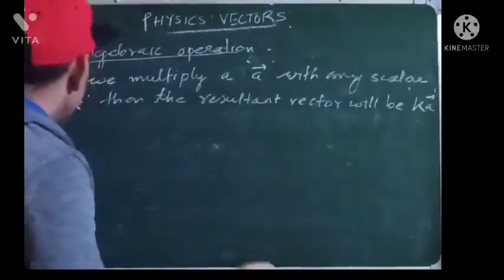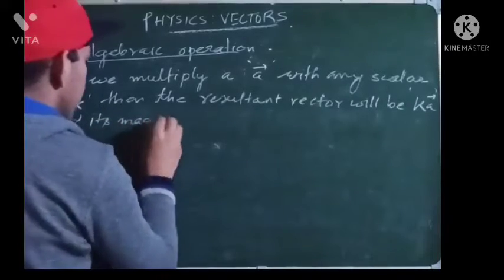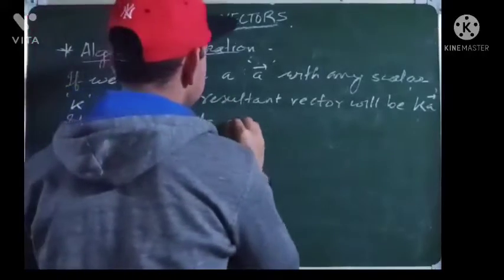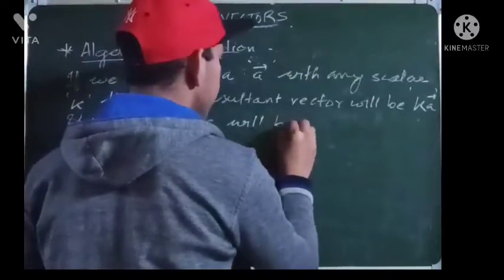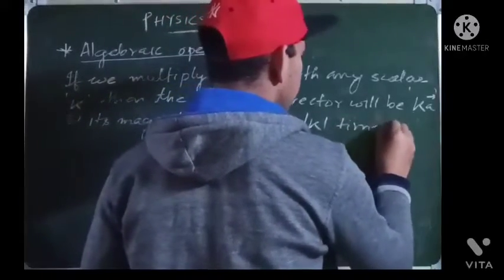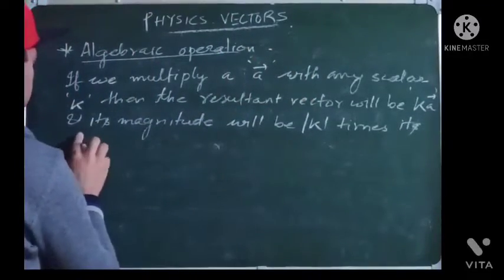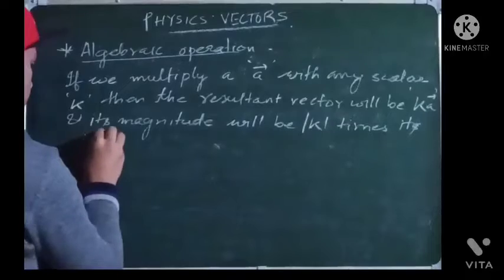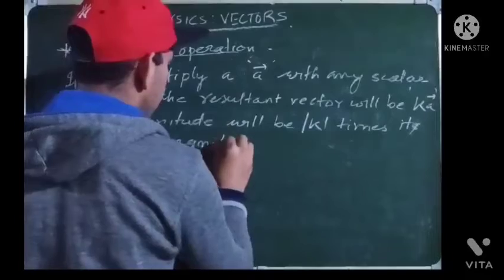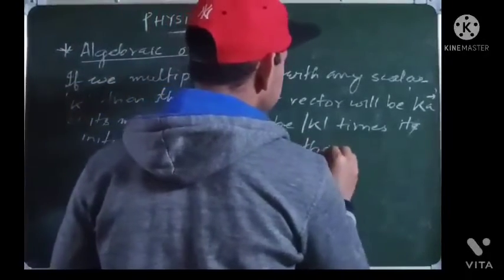This will be the resultant vector, and its magnitude will be mod k times its initial magnitude.